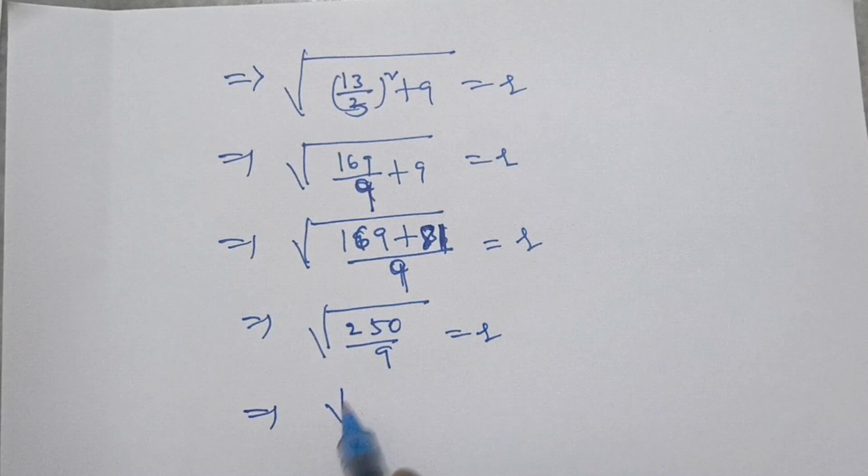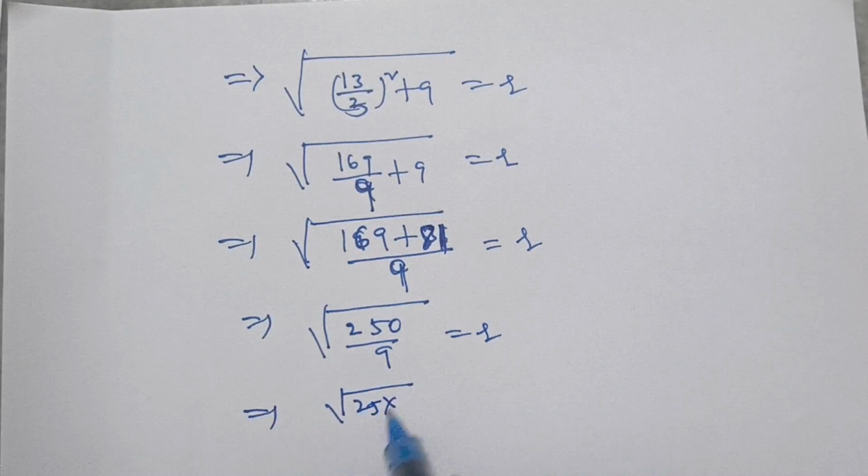So 250 means 25 times 10, by 9, equals r².